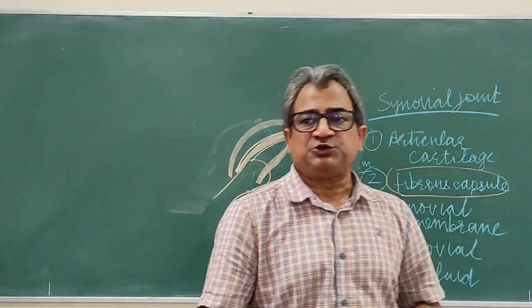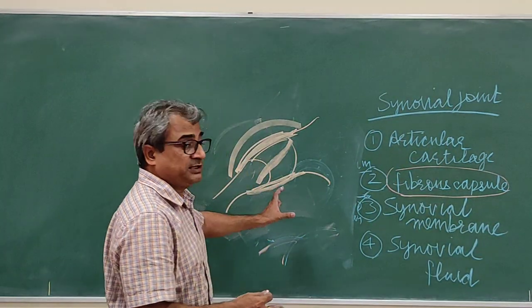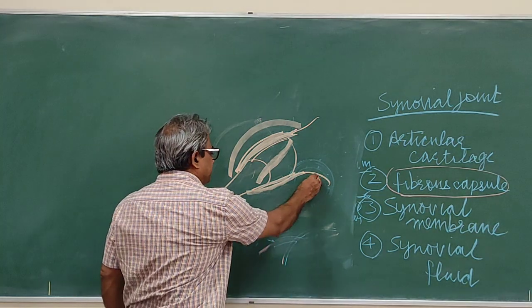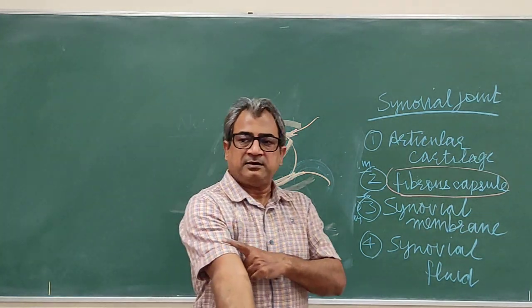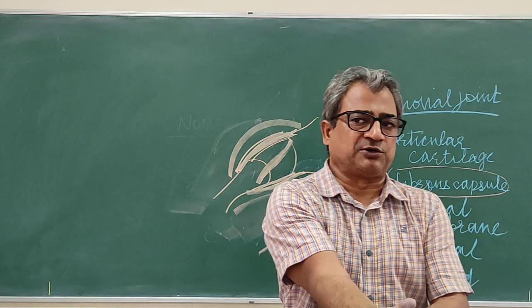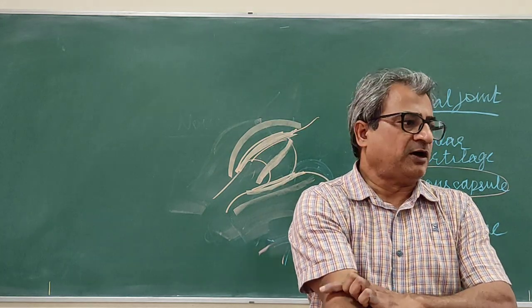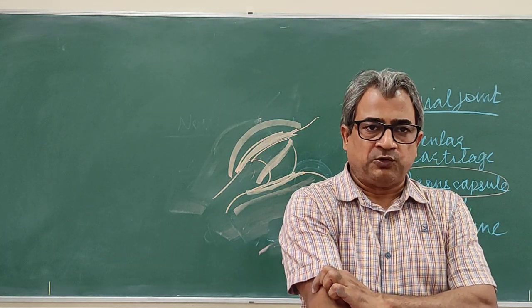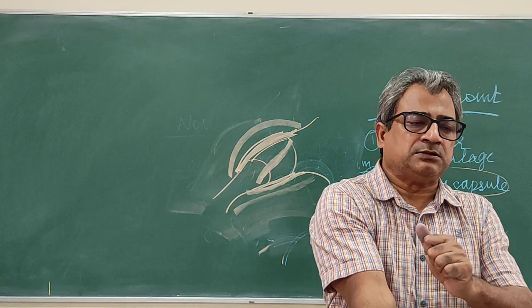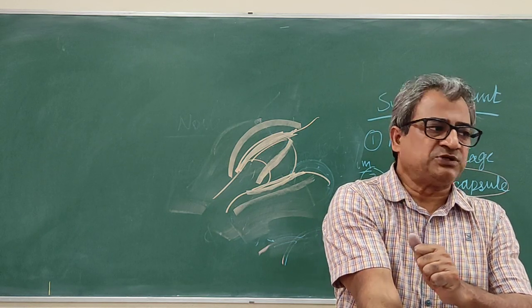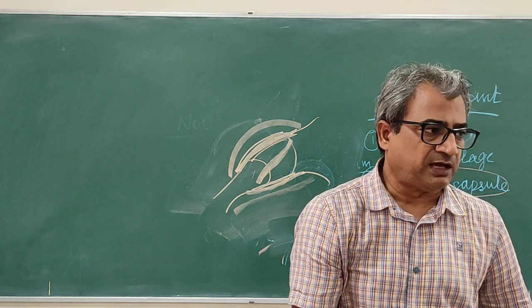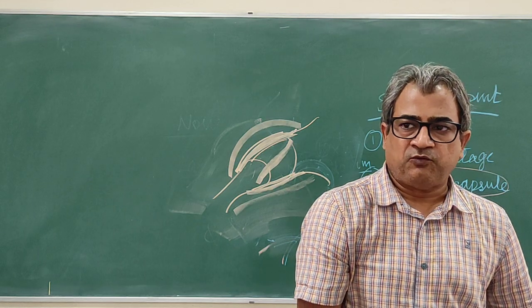Then the joint is further strengthened by the presence of muscles all around it. The flexor group of muscles and extensor group of muscles together are also holding the joints. So you remember, if there is a twisted foot, say we take the example of the ankle joint, what happens?